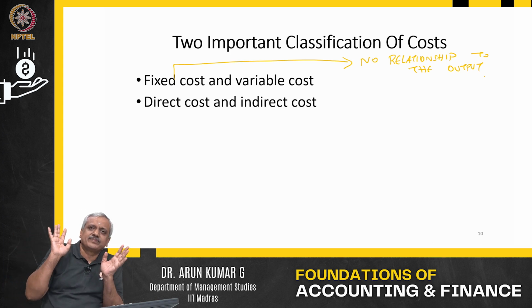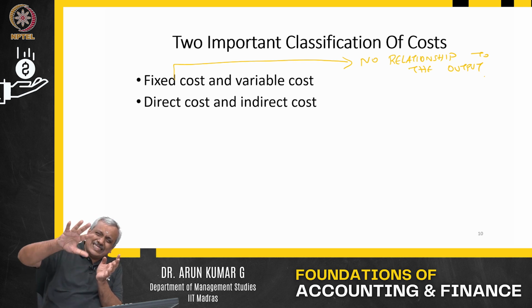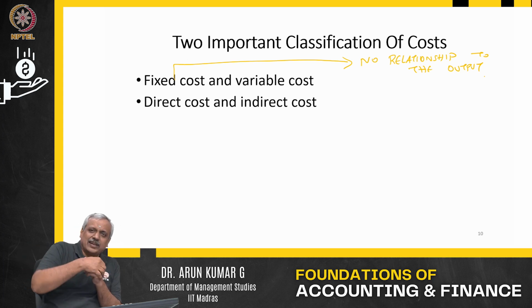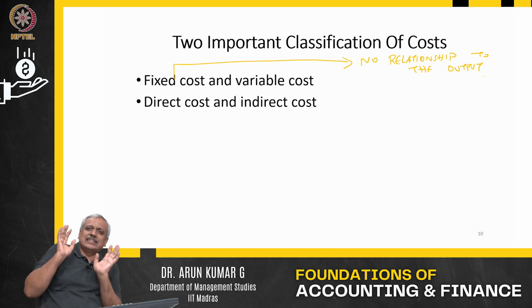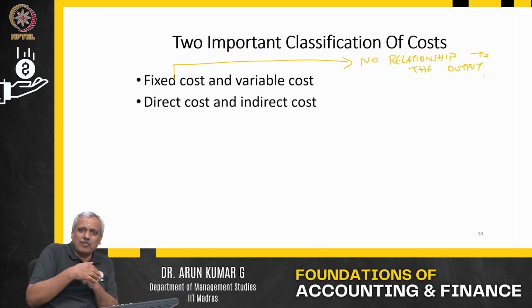Rent is an example. Let me take my salary. I am not talking about wages, I am talking about salary. Imagine during the COVID year, two years back, people were not working. Many of them were just sitting at home because there was a complete lockdown. When people were sitting at home, the salaried class were getting the same amount of fixed salary.